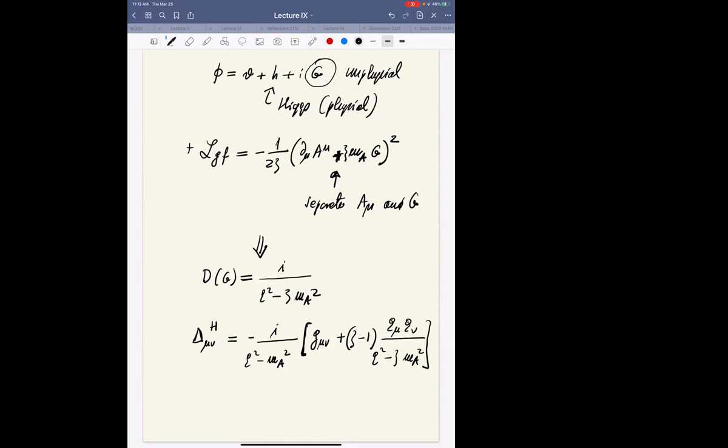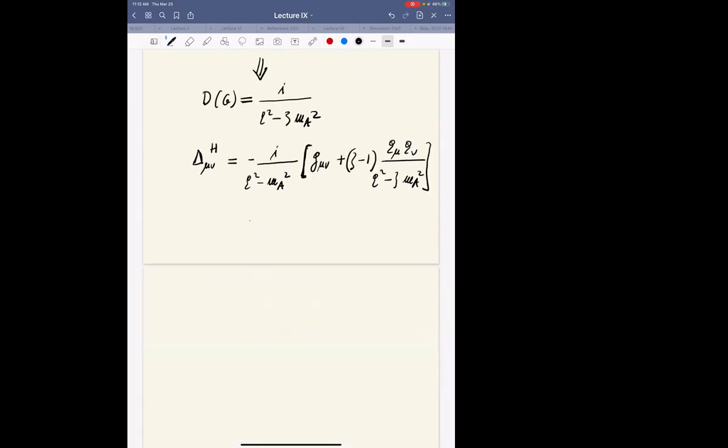So what is Proca? Proca is defined as a limit, xi, not Q, very silly, xi going to infinity of Higgs. That's what you get.